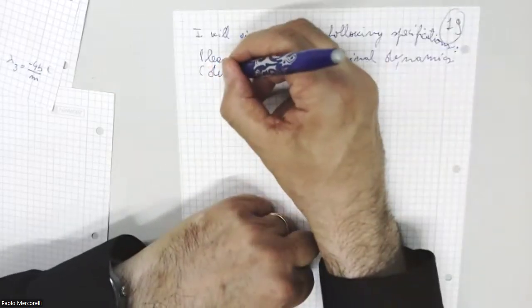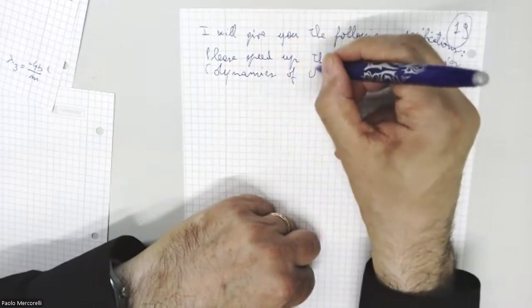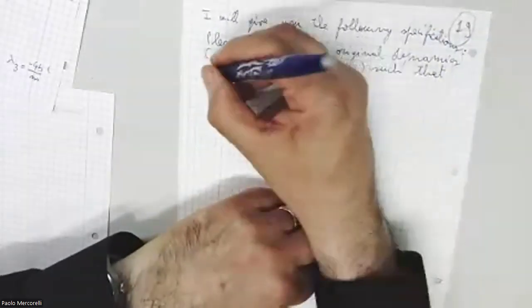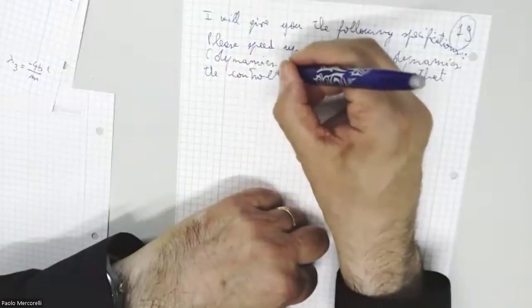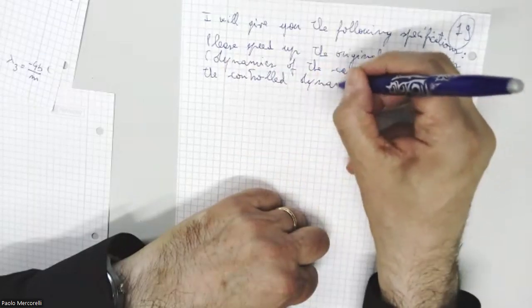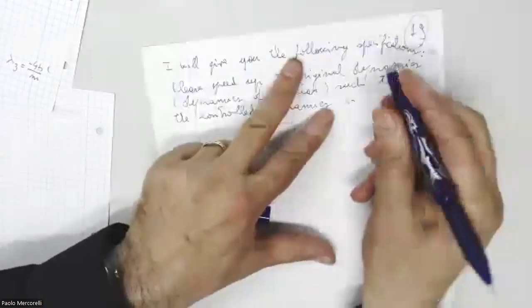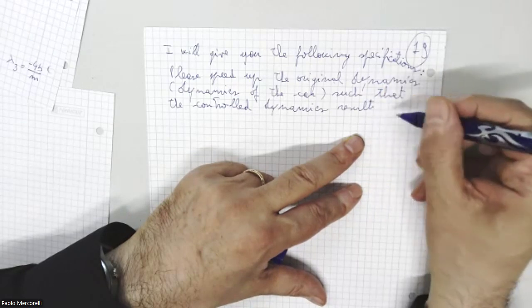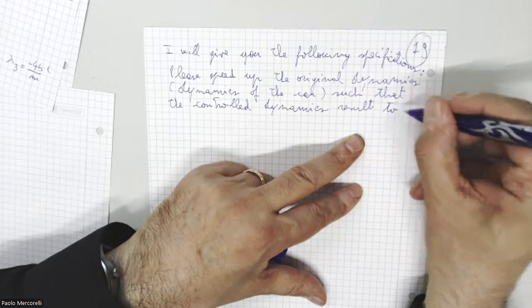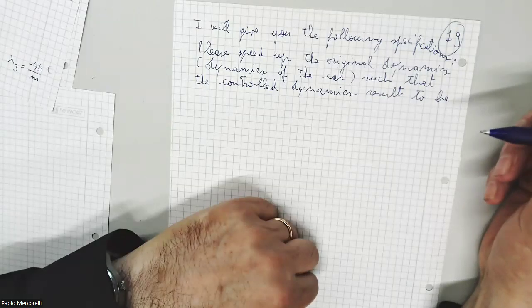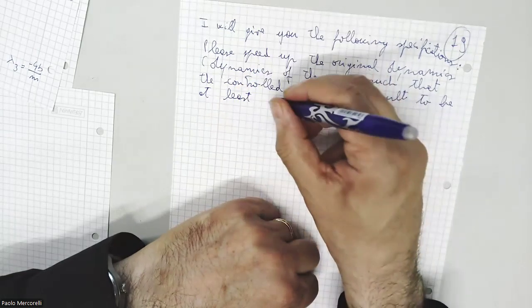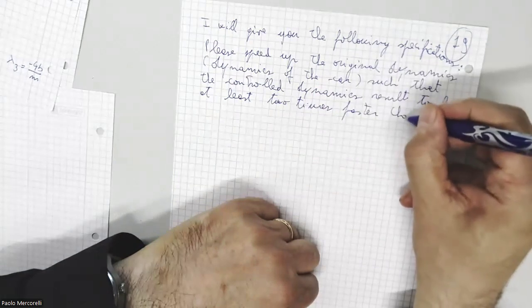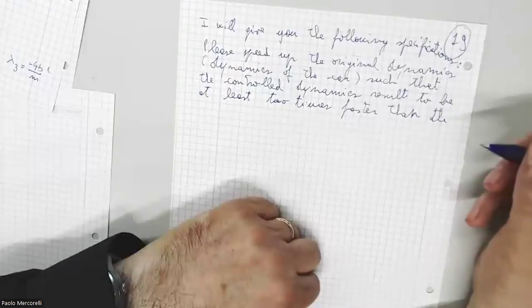This means the dynamics of the car, such that the controlled dynamics results to be at least 2 times faster than the original dynamics.